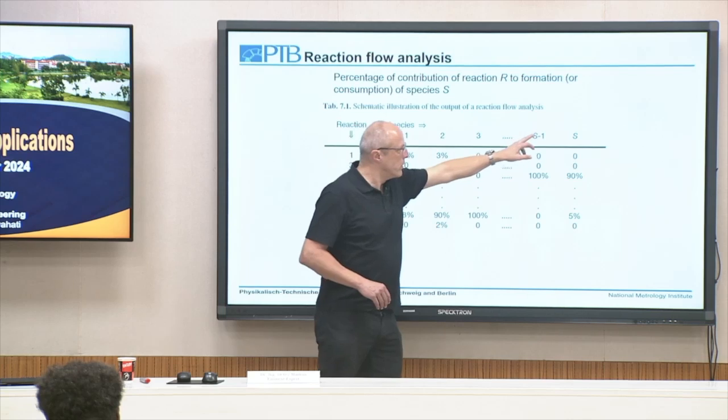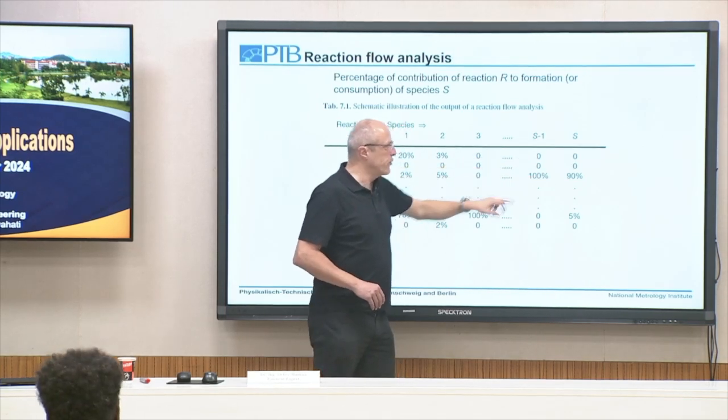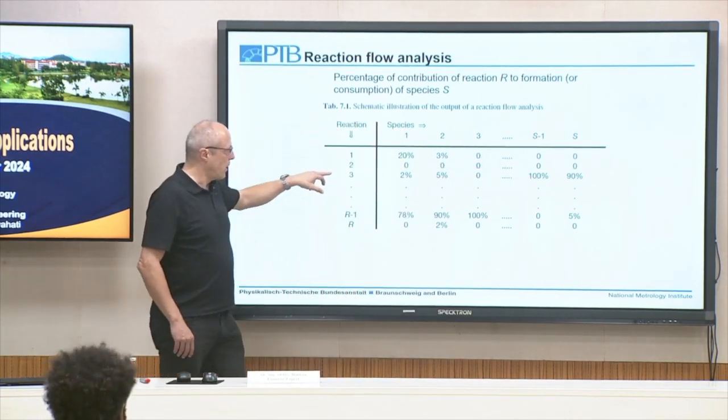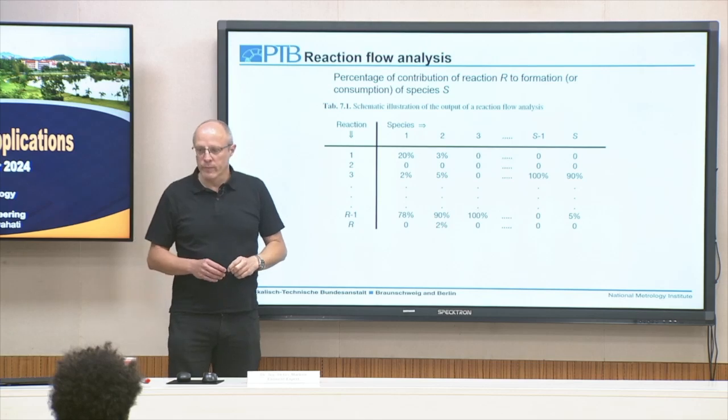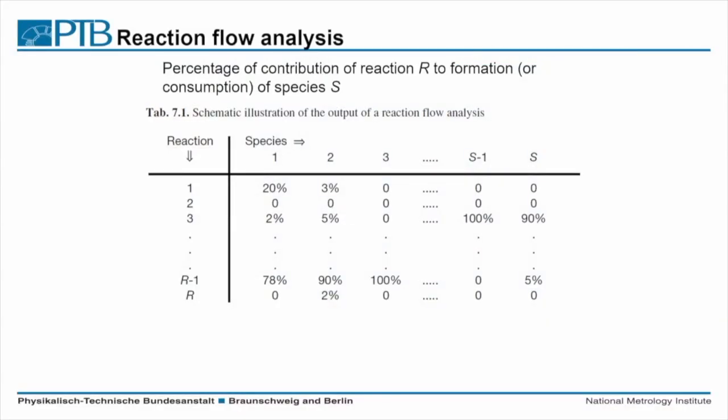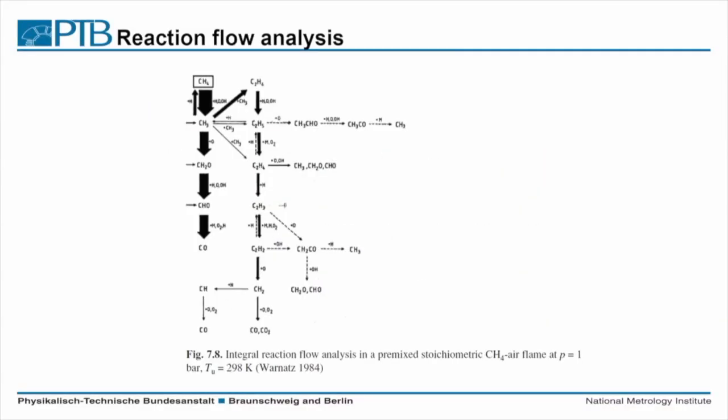Here, for example, species S-1 is formed by 100% from this reaction. So this we can use to analyze it and get such a reaction flow diagram. This we have discussed already. When we combust methane in air, this is the lean part.